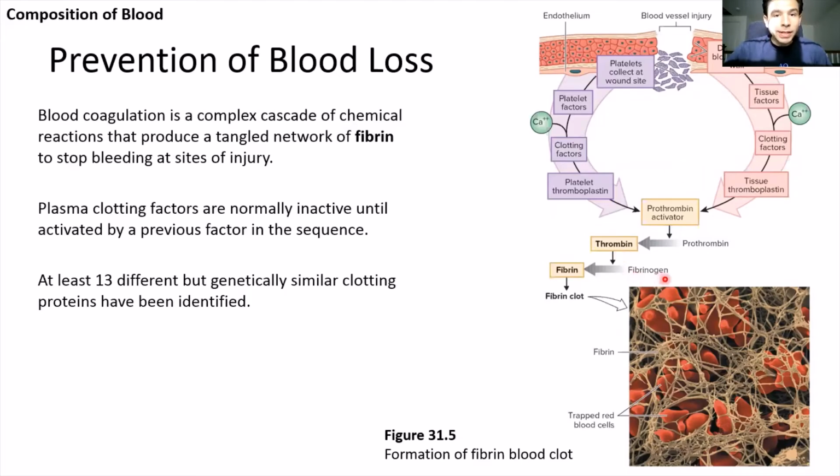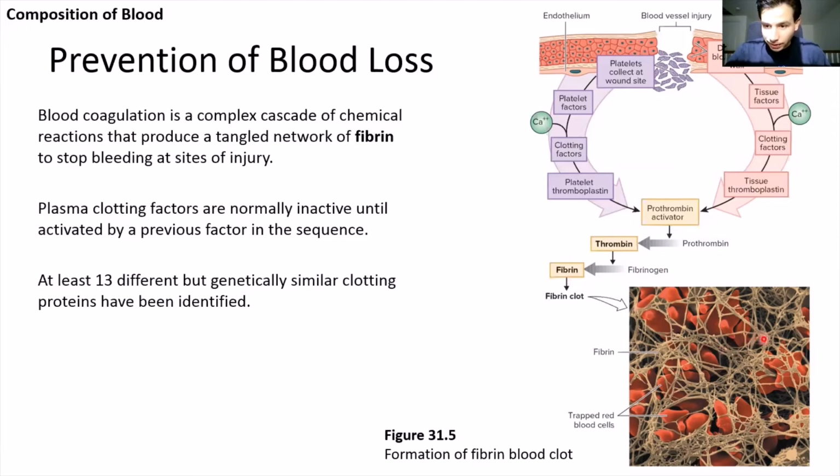Remember, fibrinogen is also one of those large proteins that's just hanging out in the blood. However, it is inactive, and thrombin is going to activate fibrinogen and turn it into fibrin, which is an insoluble, tough, fibrous protein, and that is what makes the actual blood clot.